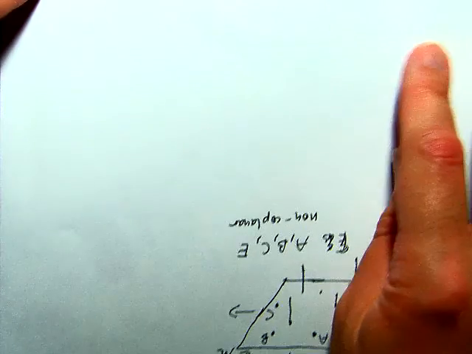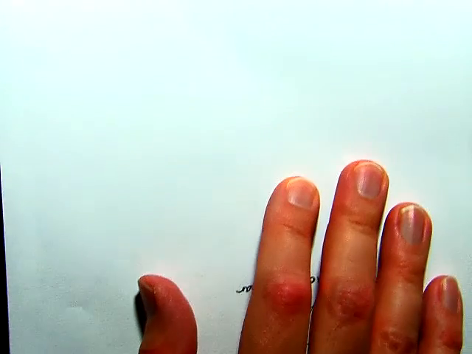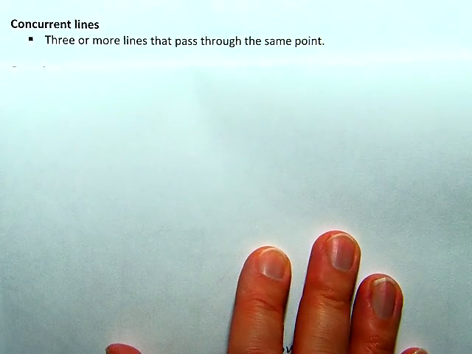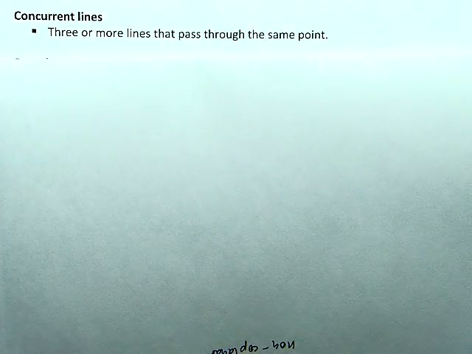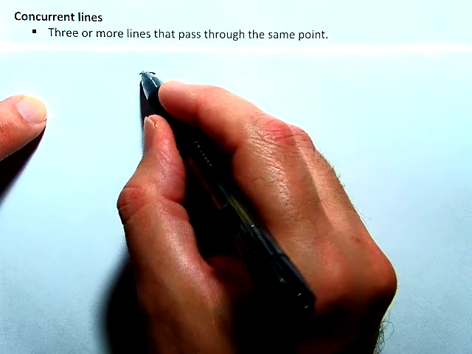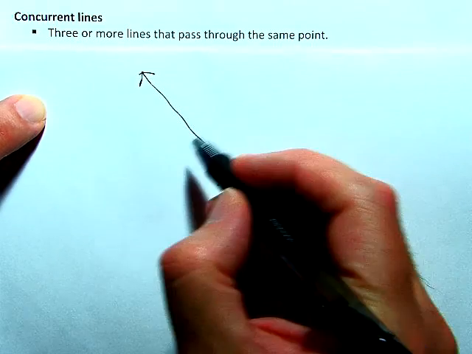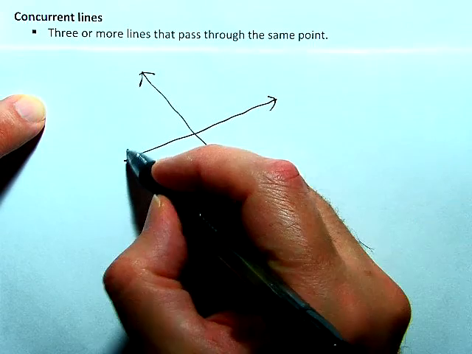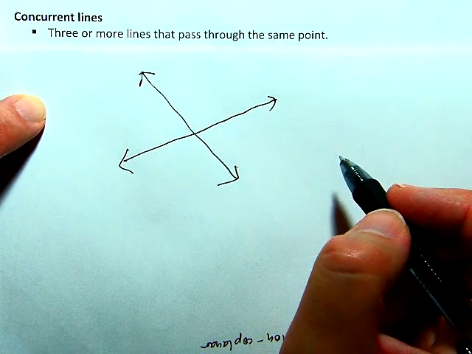We have two more terms to discuss. One is called concurrent lines. Concurrent lines are three or more lines that pass through the same point. So let's draw that. Three or more lines that pass through the same point. Let's say this is a line. Let's say this is a line. Where would that third line have to go through?